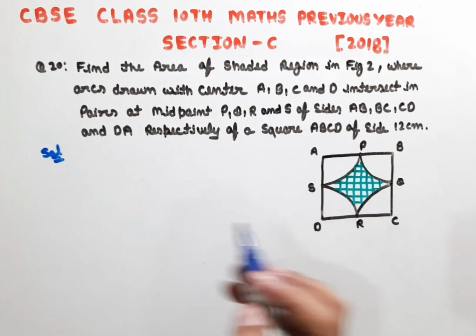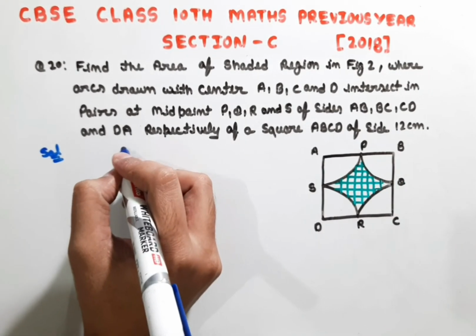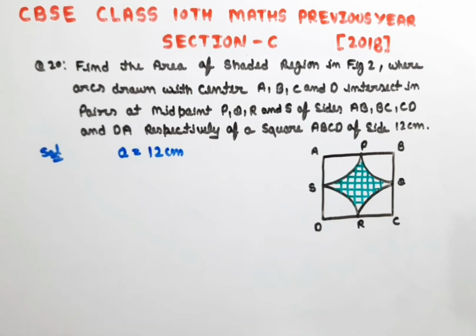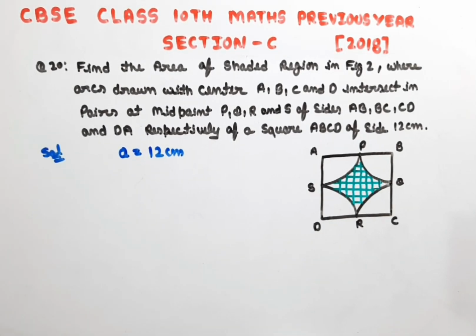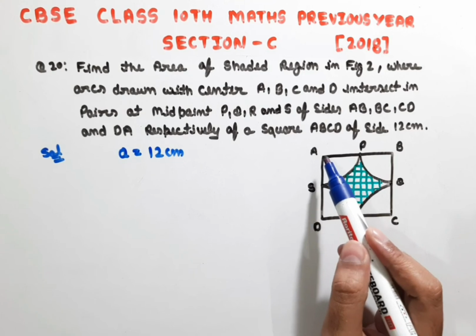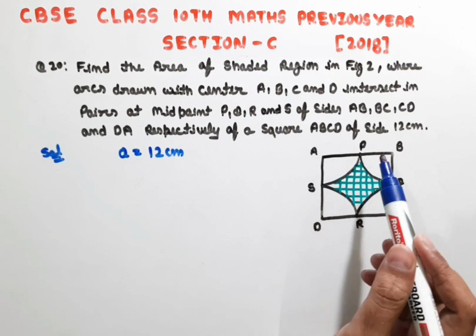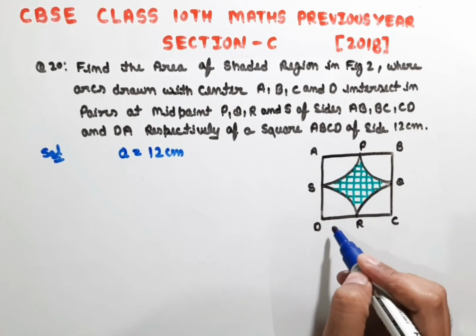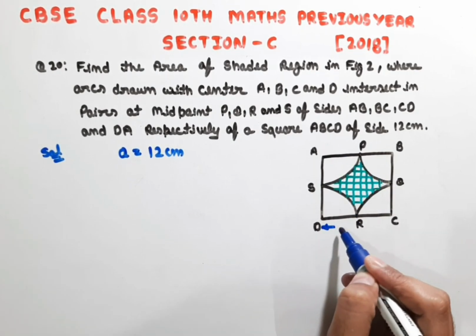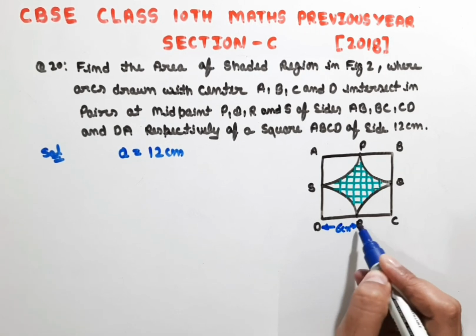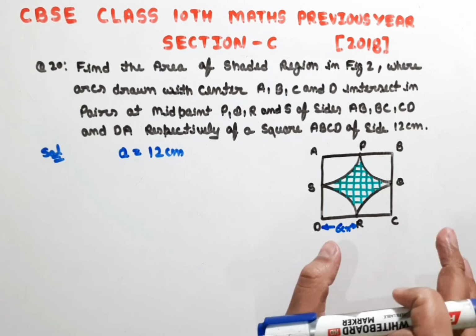We have given a square ABCD whose side is 12 centimeter, and the arc drawn from taking center A intersects at the midpoint. So the radius of the arc will be 6 centimeter because R is the midpoint of CD.